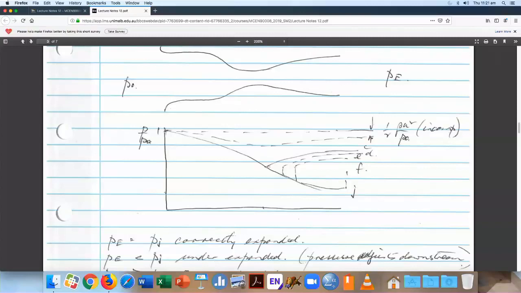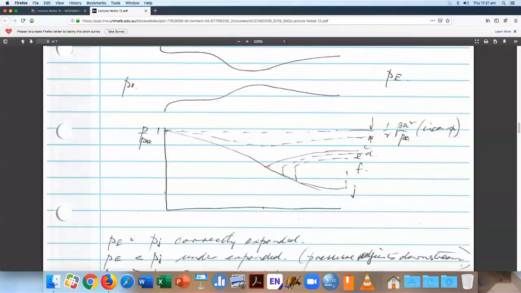So if we keep it just less than sonic here, we have this curve, or we finally come down to reach this point here where we reach Mach number 1, just less than Mach number 1, and now it recovers as a subsonic flow here, and the pressure recovers, and we finish up here at C.